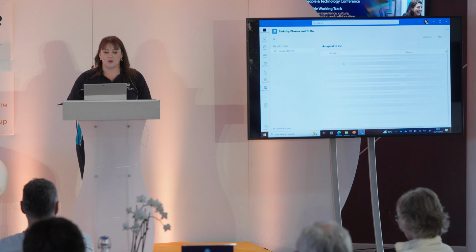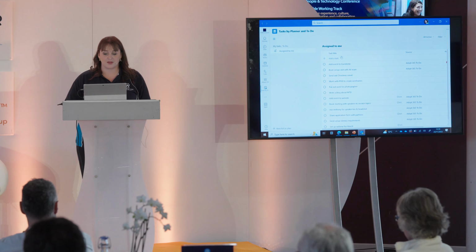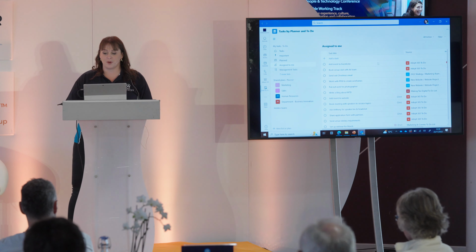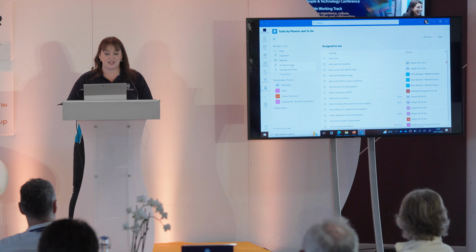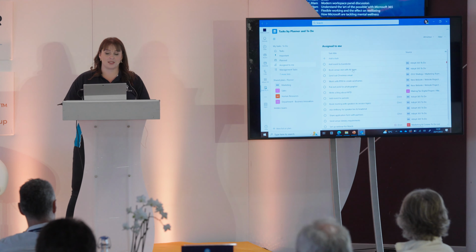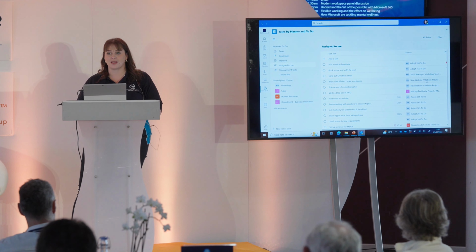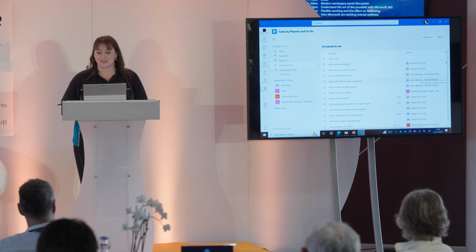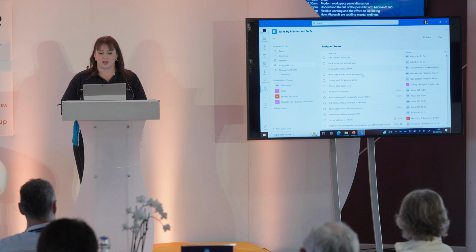So I can see all of my tasks that are assigned to me, whether that's from a project plan, whether I have tasks in here. So I can see those project planner tasks here. I can see directly which plan they're referring to as well, so I haven't got to go and check that or go into all of my different plans to see what's there. I can see them all in this one location.